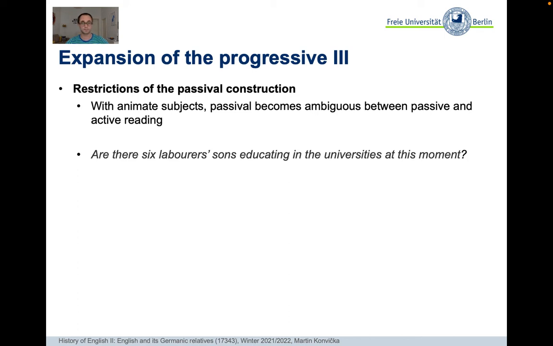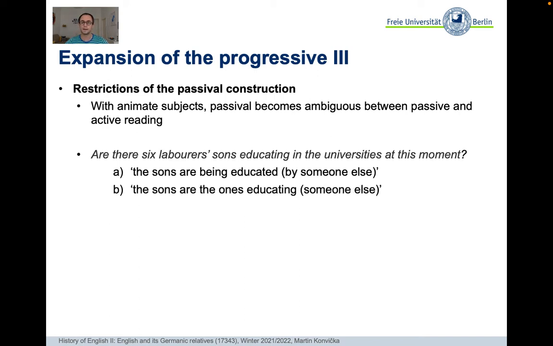So if we take this example, are there 6 laborers' sons educating in the universities at this moment? There is one possible reading, and this would be the sons are being educated by someone else, so they are students at the universities. But there is also the possibility that it's not them who are being educated, but they are lecturers at a university and they are educating someone else, right? So ambiguous construction here.